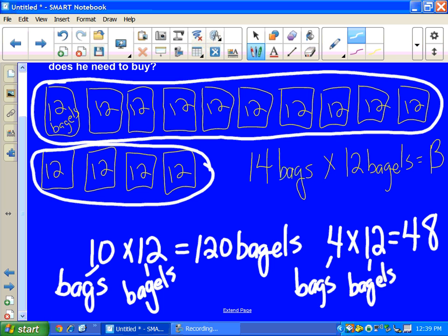Now remember, we were trying to count 14 bags. So if you look here, we have 10 bags, and here's another 4 bags, and together that equals 14 bags of bagels. So now what do I do with each of these amounts? Well, the hint was just there because 10 bags plus 4 more bags equals our 14 bags.